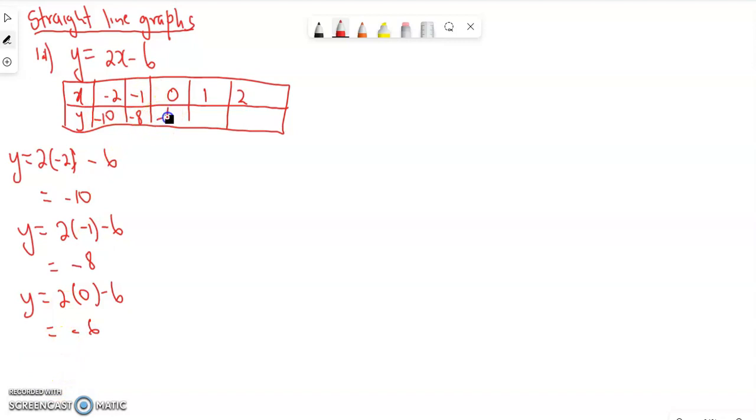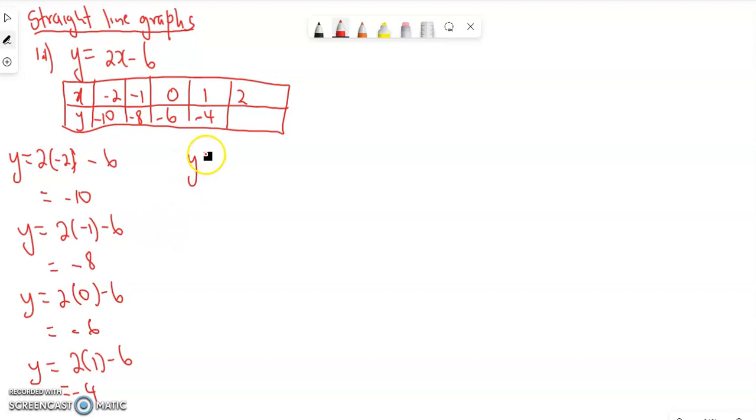So we have -6 here. Then y is equals to 2 into 1 minus 6, and the answer is -4. So the value of y here is -4.